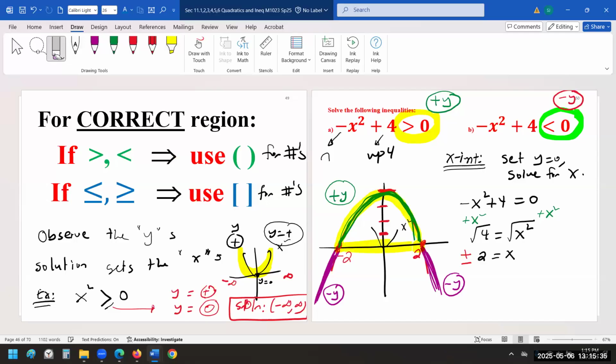So this portion is positive. This highlighted x values gives us all these y values. So our solution for A is from -2 to +2.